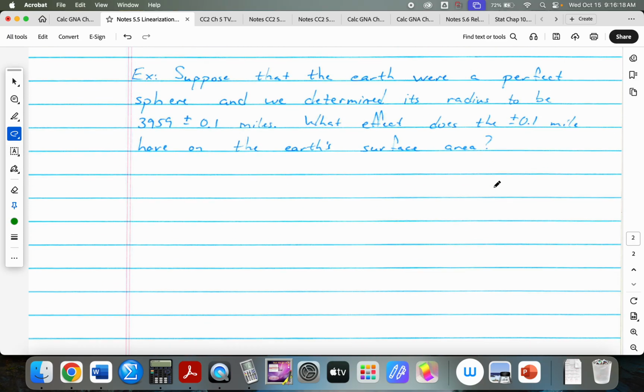So if I look at this problem, suppose that the Earth were a perfect sphere, which it's not, and we determined its radius to be 3959 plus or minus 0.1 miles. What effect does the 0.1 mile have on the Earth's surface area? All right, so the area is 4 pi r squared.